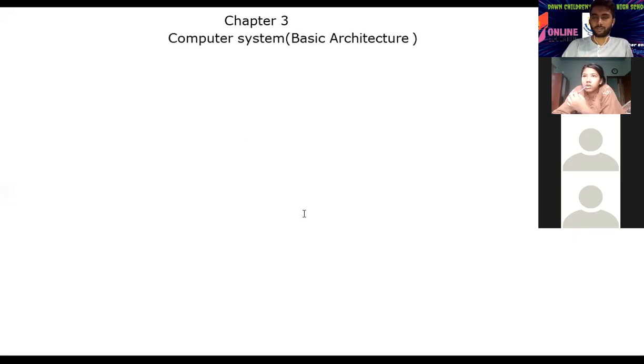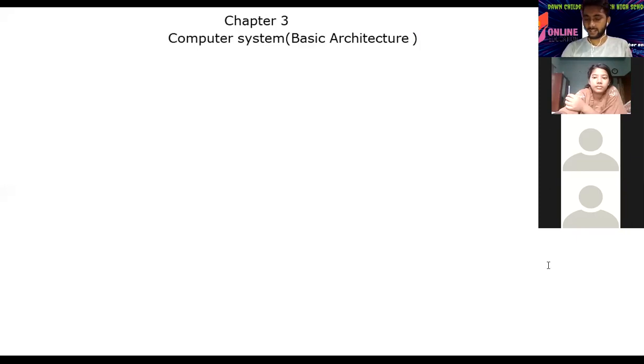At first what will happen, after that what is going to happen, until we get the output on the screen, or until the user gets the output. So from starting to ending, how does our computer work? That we need to read here in computer system.